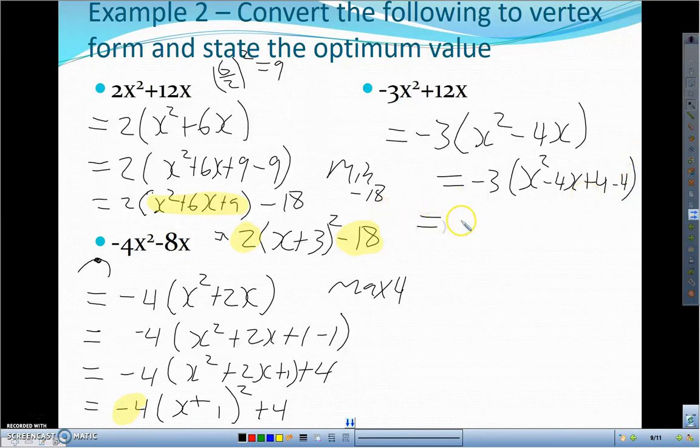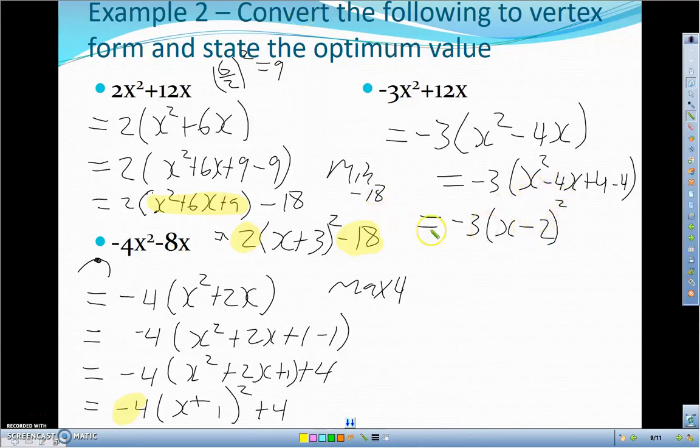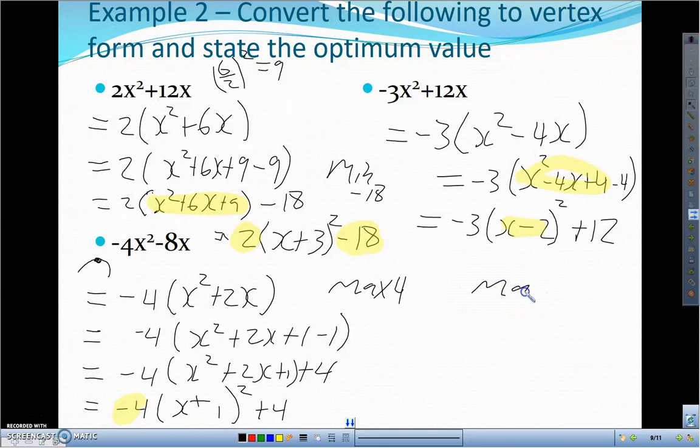This is going to turn into minus 3 times x minus 2 squared, because we know that this thing here is a perfect square. And this minus 3 times minus 4 turns into plus 12 when it comes outside the brackets. So this is a negative, which means it opens downwards. This is a maximum of 12.